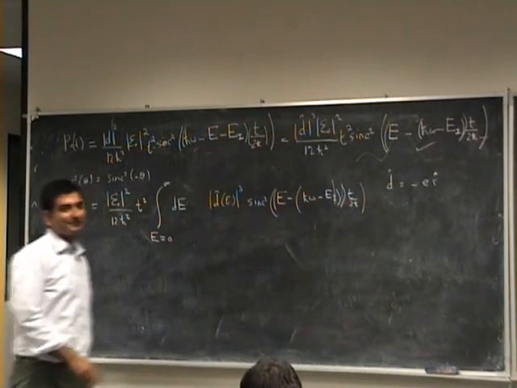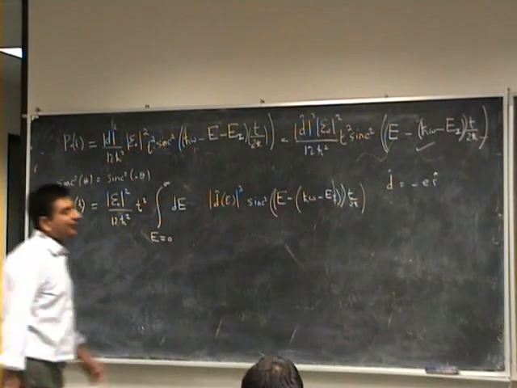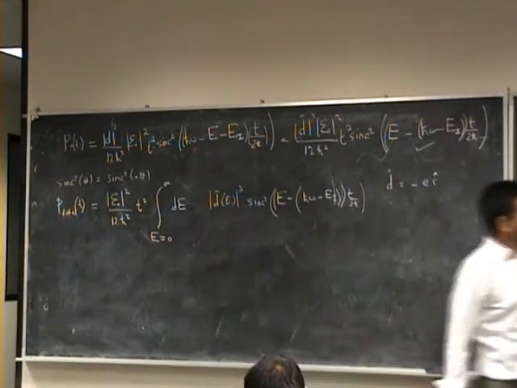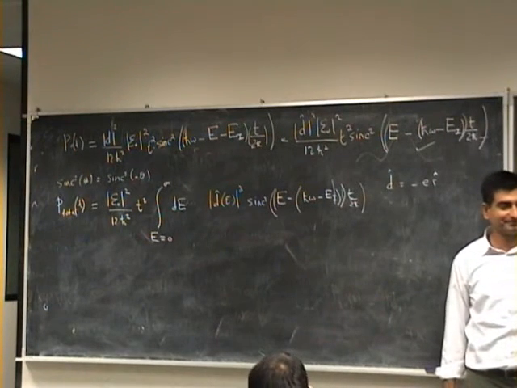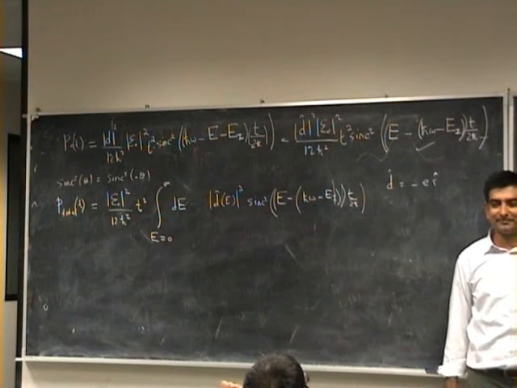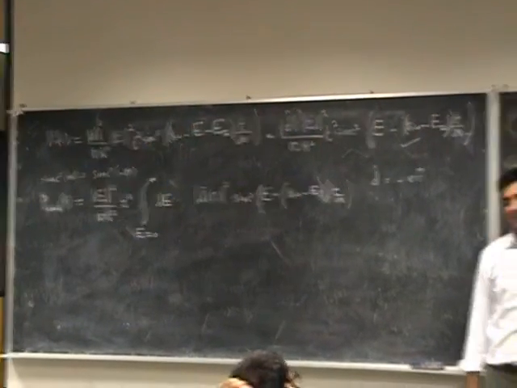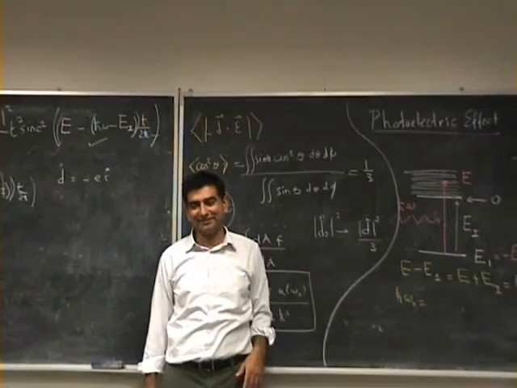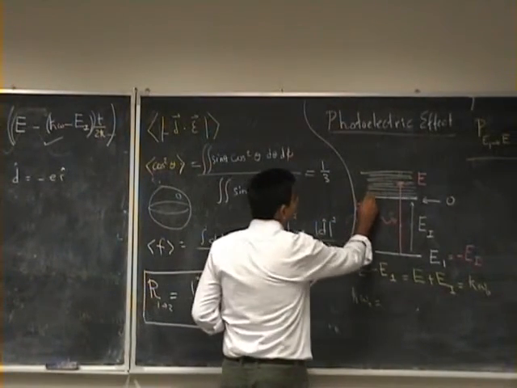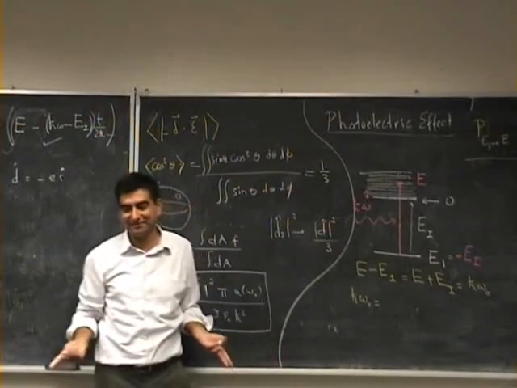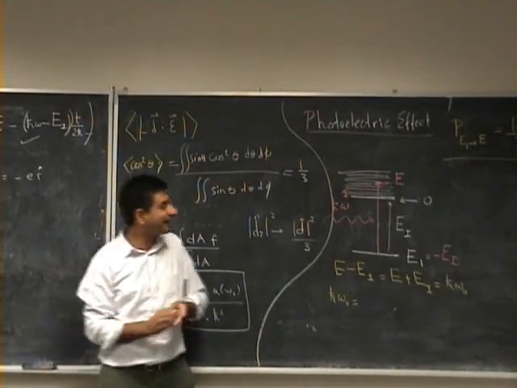Okay, but an additional factor has to be included. Now these are continuum energy levels. The point is, per unit energy, how many energy levels exist? If in a certain range of energy there are more levels, then there is a higher probability of making a transition to that energy band.